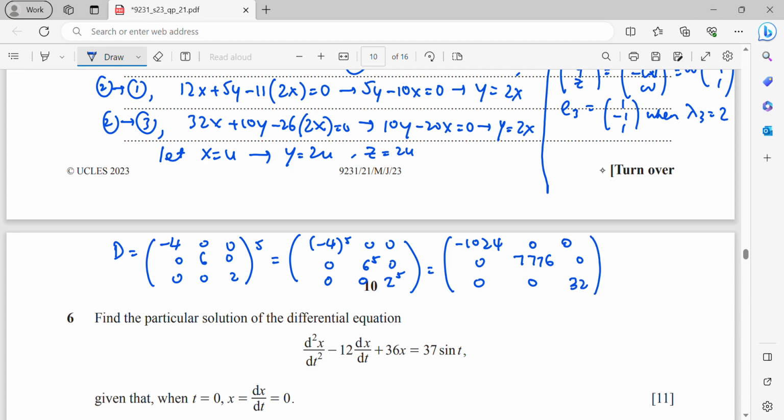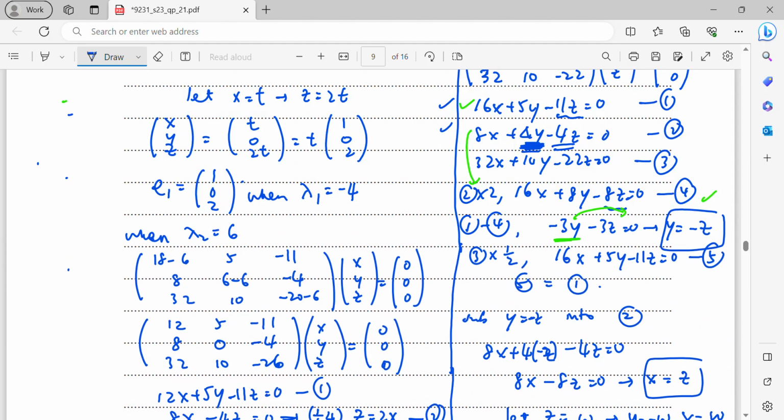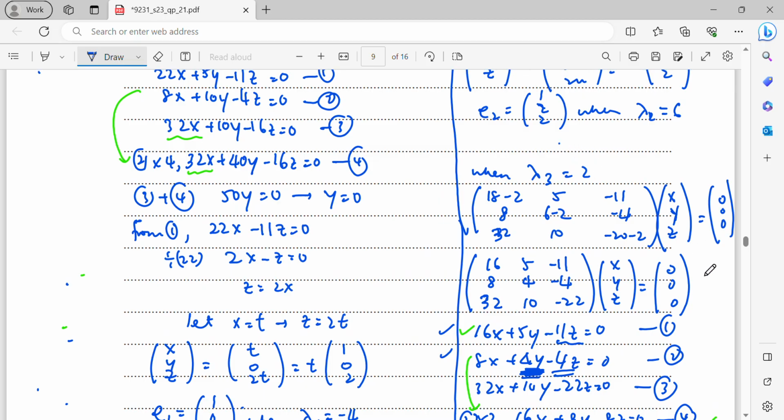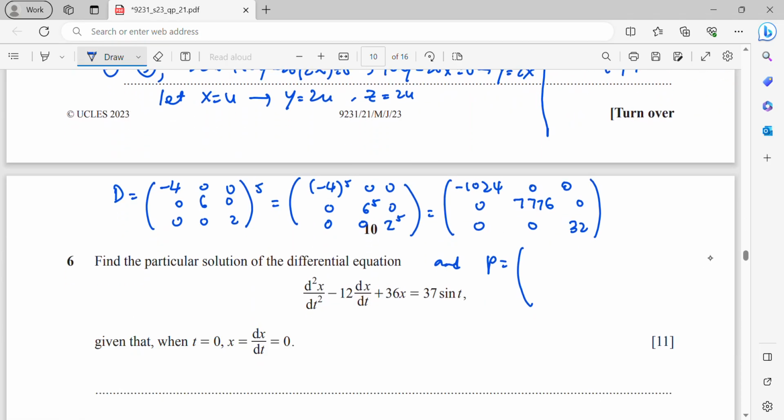This will be my matrix D, and P, I will write P. The P will be just the corresponding eigenvectors. So the first eigenvector 1, 0, 2, the second eigenvector 1, 2, 2, and the third eigenvector is 1, negative 1, 1. So I will just copy all this. 1, 0, 2, 1, 2, 2, and 1, negative 1, 1. So this will be the final answer of this question.